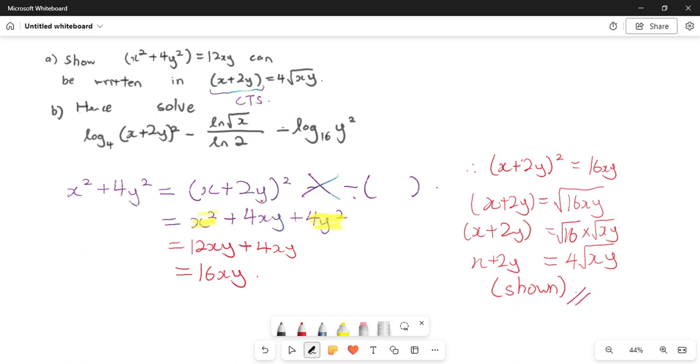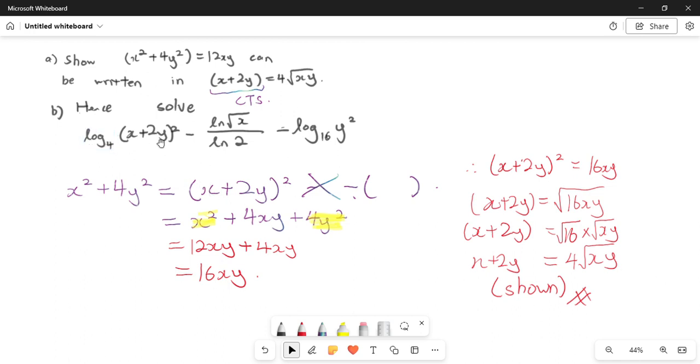So this part is still okay, it's still tackleable, but the second part is the torture one. Alright, so I have shown this part. So let's look at the second question.